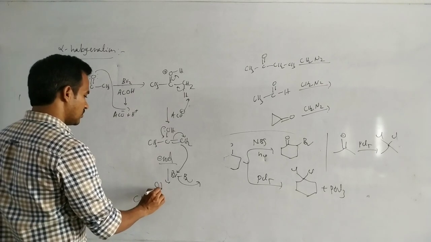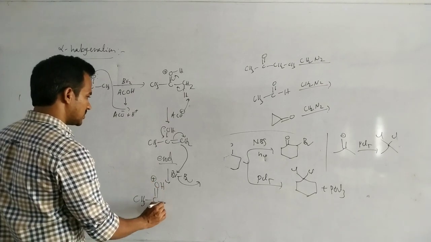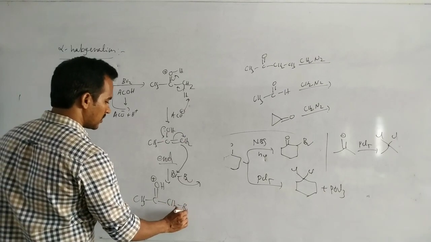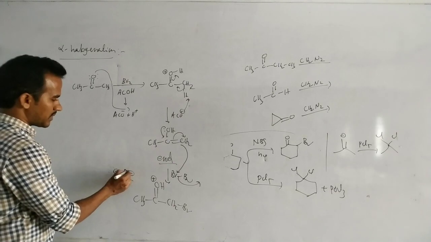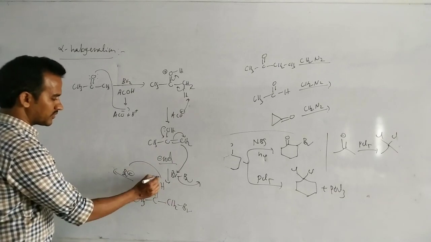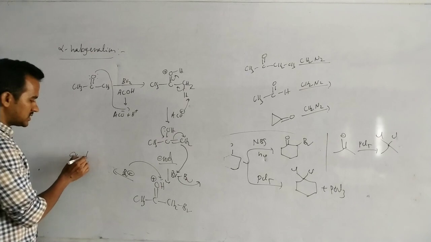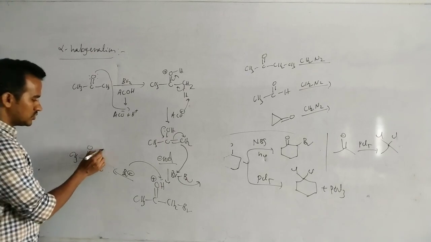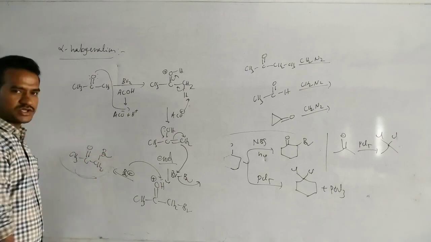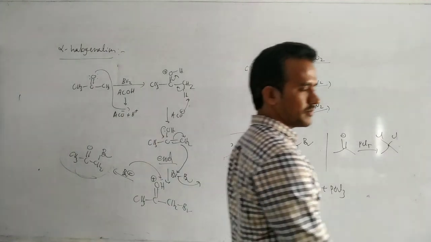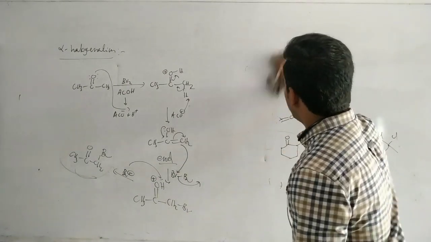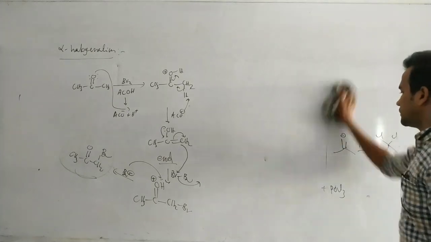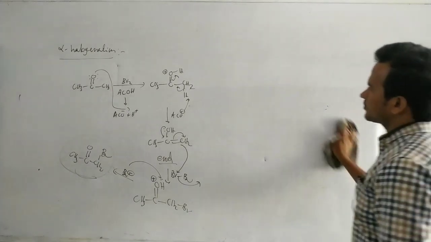So here CH3C OH carries a positive charge and CH2Br. Then the Br minus accepts the proton, giving CH3C double bond O and CH2Br. This is alpha halogenation in the presence of acidic medium. But now the same reaction in basic medium.